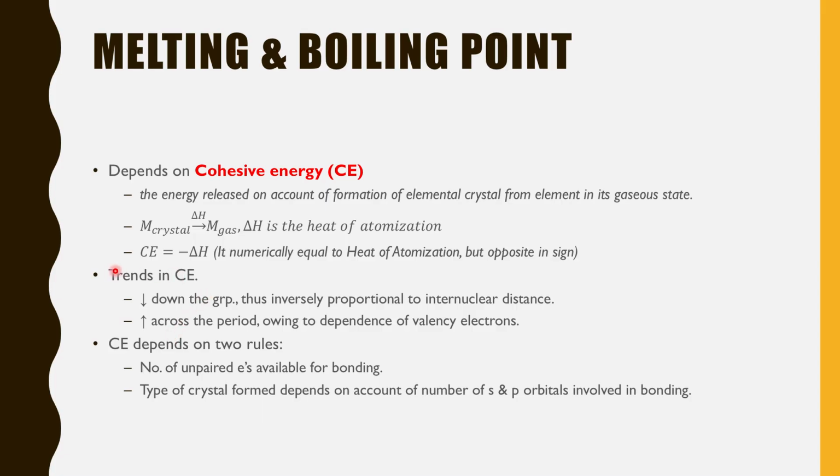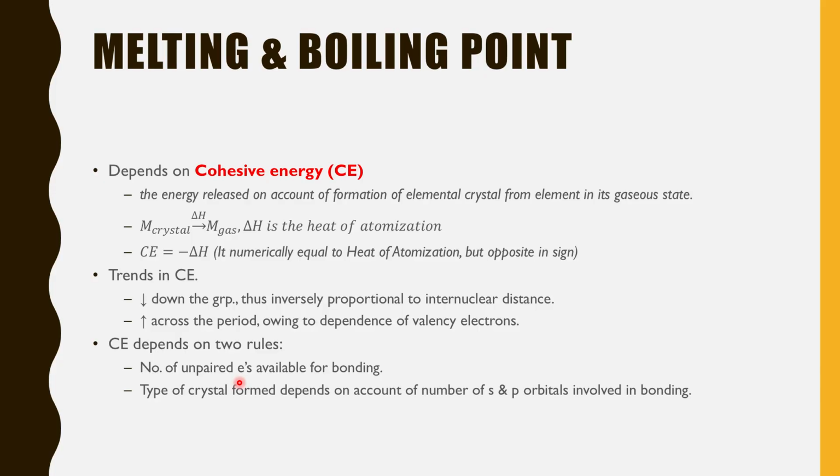Now let us look into this particular cohesive energy in a little bit more detail. Cohesive energy depends upon two important factors that decide the strength, or the magnitude, of the cohesive energy. One of the factors is the number of unpaired electrons available for bonding.